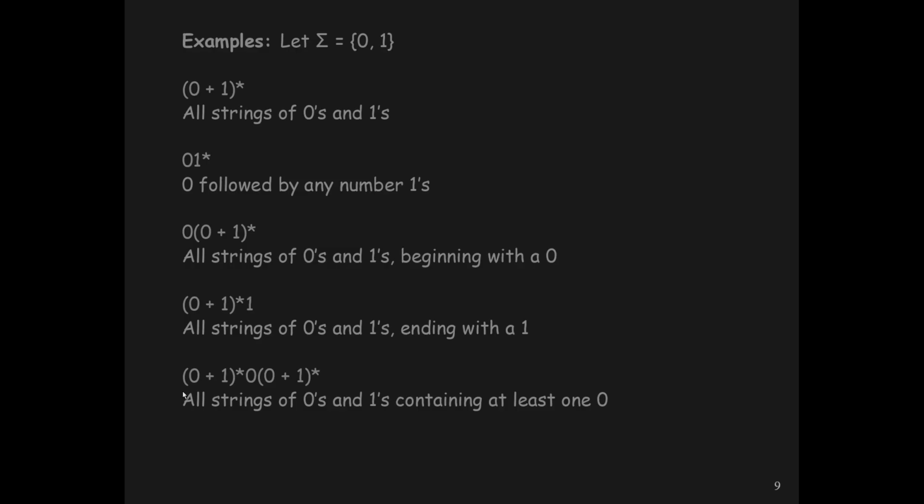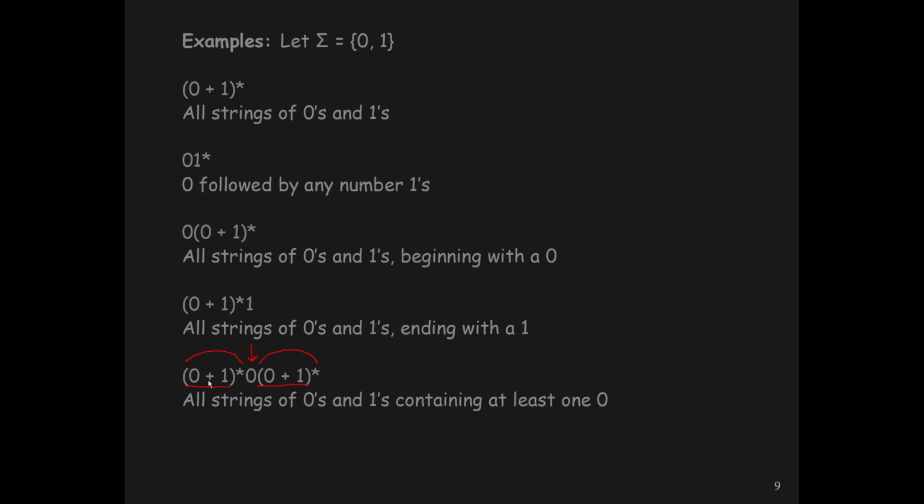Next is this example, 0 plus 1 star, 0, 0 plus 1 star. Now, with this one, you have a part that generates literally anything, another part that generates anything, and you have the 0 right here, okay? And since it's a concatenation, it adds a kind of restriction where there needs to be a 0 somewhere in the string, okay?